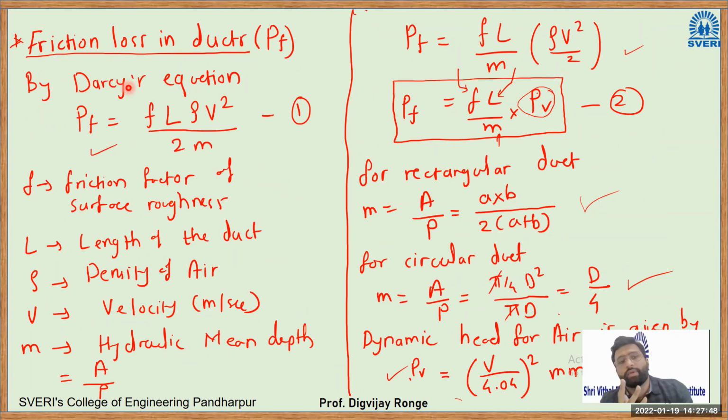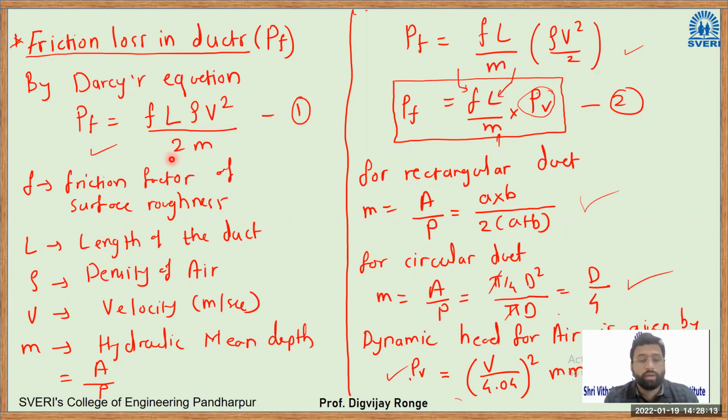So flow through pipe, in that you have studied by Darcy's equation, the frictional pressure loss is f L rho V square divided by 2D. You might have studied for circular pipe, f L rho V square by 2D, or in general you can write it as f L rho V square divided by 2m. Here m stands for hydraulic mean diameter or hydraulic mean depth.